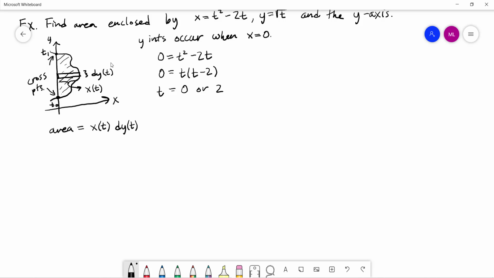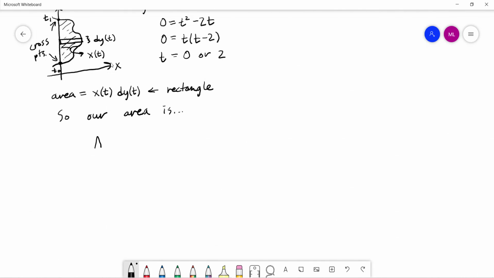So how do we write this? That was for one little rectangle. We want to add them all up, and the area is going to be the integral from our starting point t0 to our ending point t1 of x of t times our little dy.